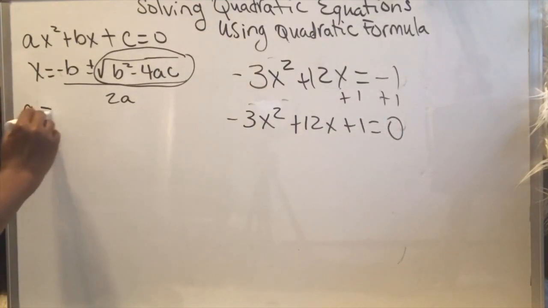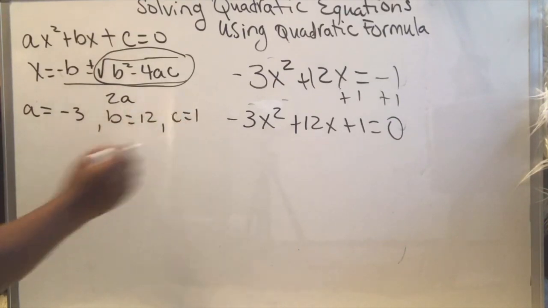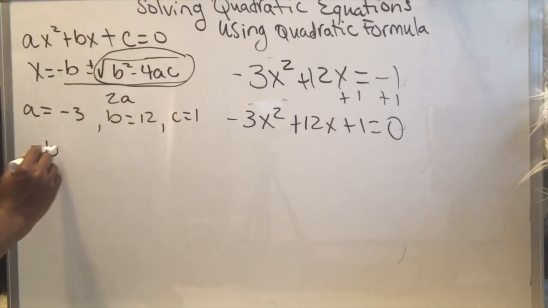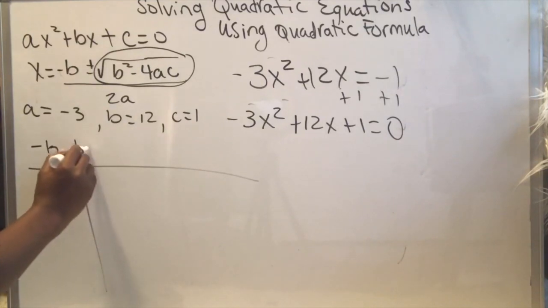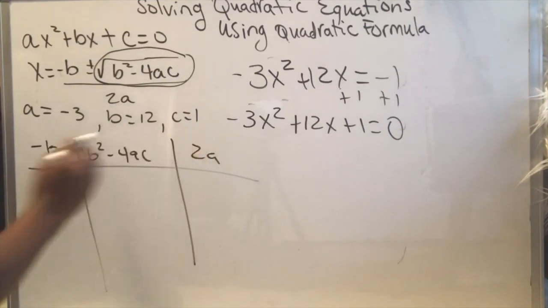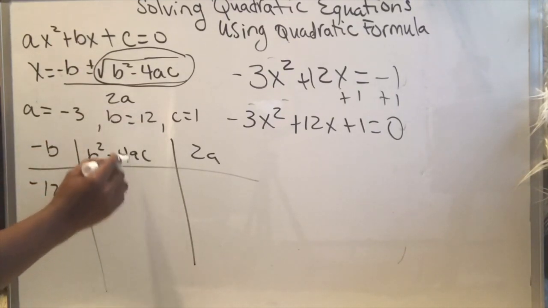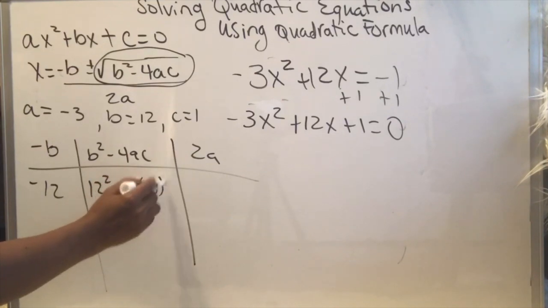My a is equal to negative 3. My b is equal to 12. And my c is equal to 1. I am going to write my chart. Negative b is negative 12. B squared is 12 squared minus 4 times negative 3 times 1.